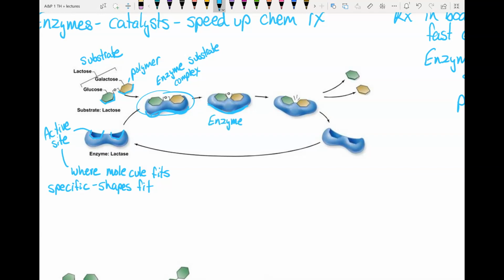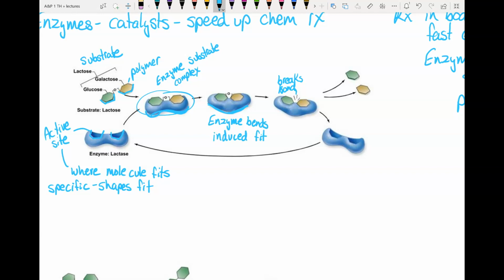And this is not denaturing. It's bending on purpose. That's how it works. When it bends, it breaks that bond. So this bending is called induced fit.